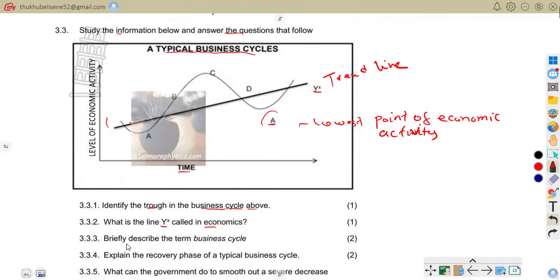Now 3.3.3, briefly describe the term business cycle. So we are to describe what? The business cycle.